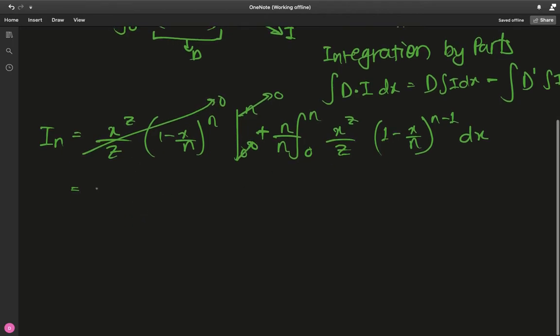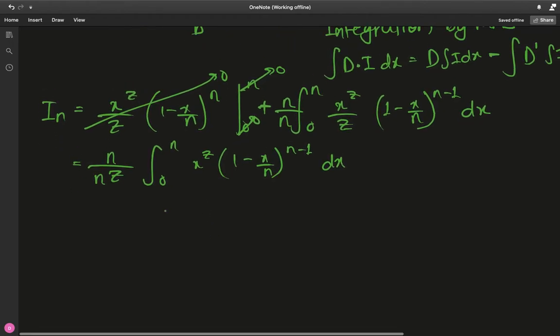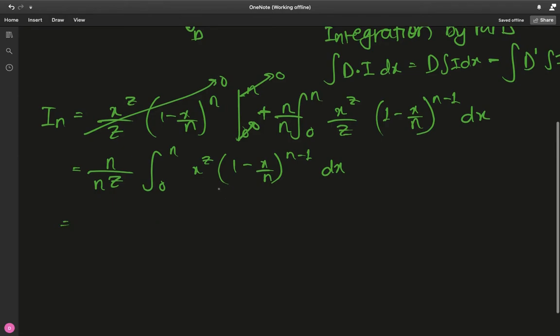So entirely this expression goes to 0. So we're just left with n over nz times integral from 0 to n of x to the z times 1 minus x over n to the n minus 1 dx. And let's again go for integration by parts. Again differentiating this and integrating this.